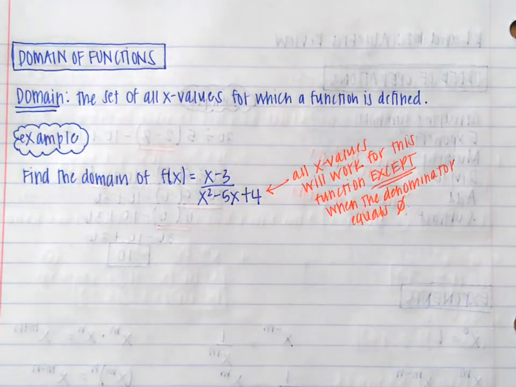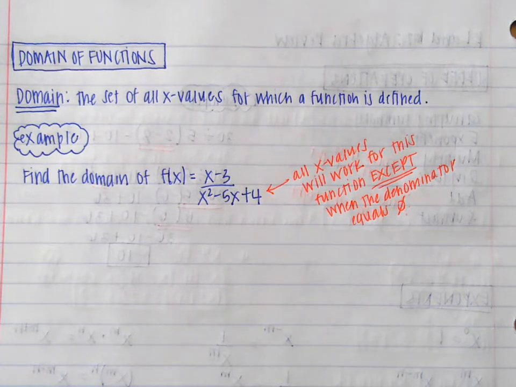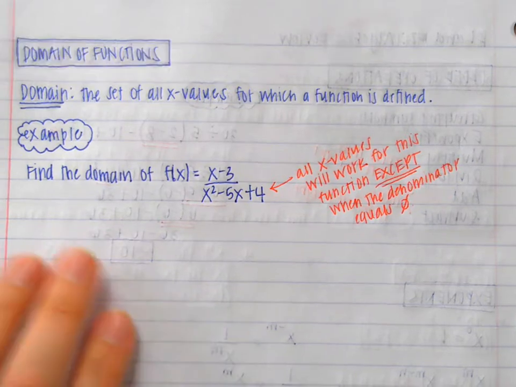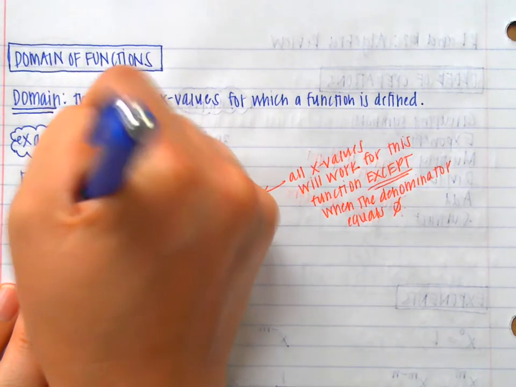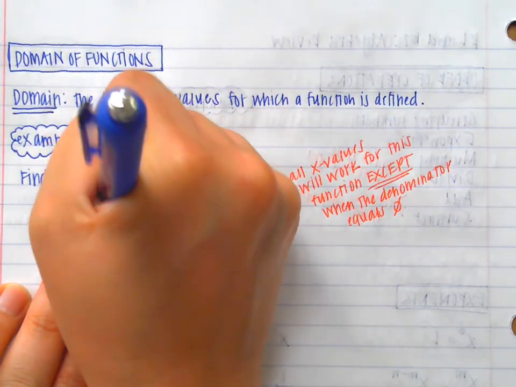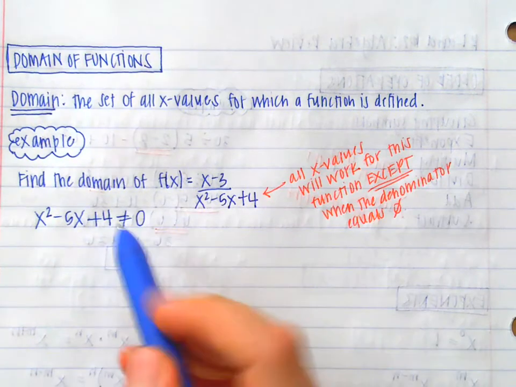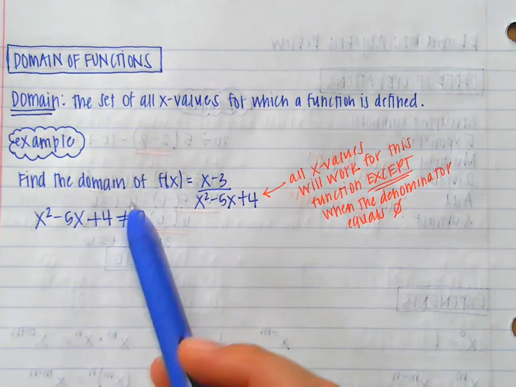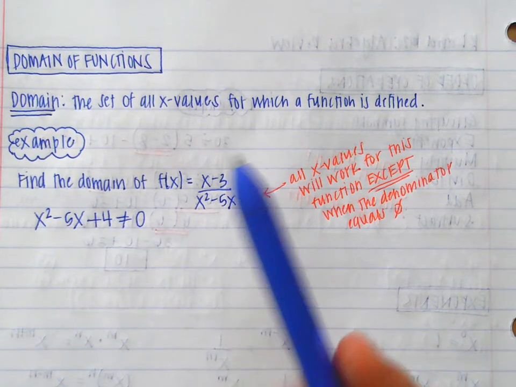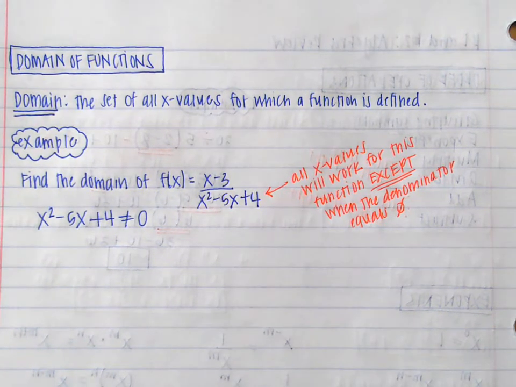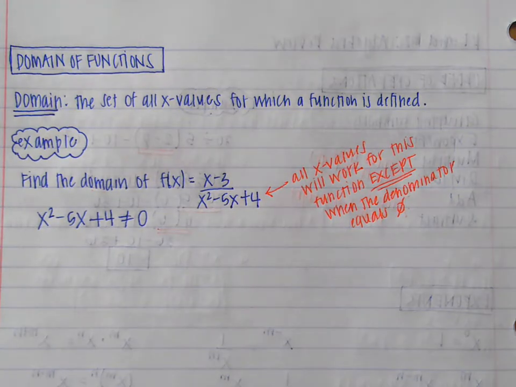So what we need to do is figure out what those values are that are going to make my denominator equal to 0. So we're actually going to set the denominator, x squared minus 5x plus 4, equal to 0. What I usually do is remind myself that it can't be equal to 0, but we're solving it by setting it equal to 0. It's something that you guys have done in algebra. So this concept is what you guys would have done.